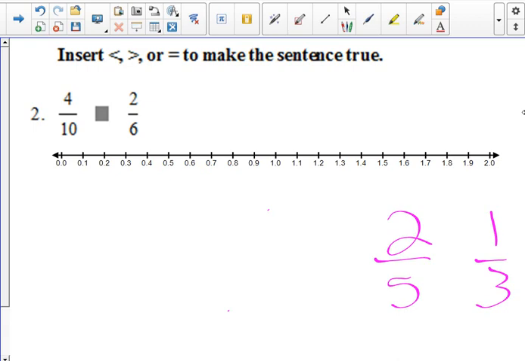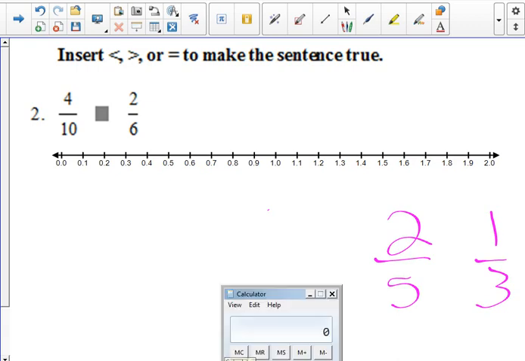If you want to divide it up into fifths and thirds and decide which is which, you're welcome to do that. It might be easier at this point just to convert it to a decimal number. So that's what I would recommend, is to use the decimal number.